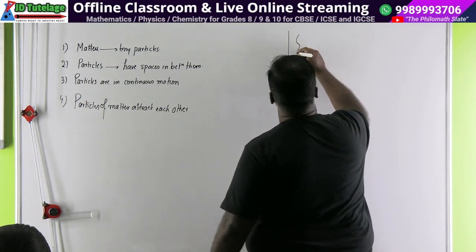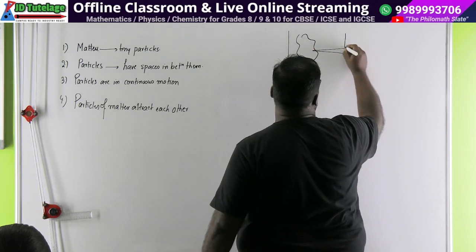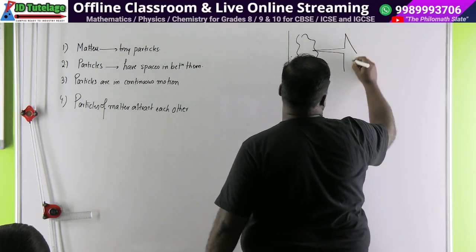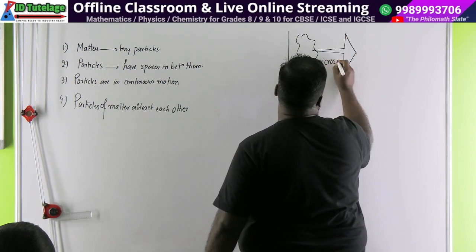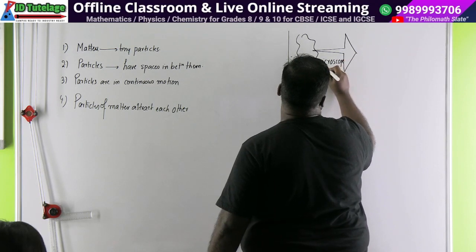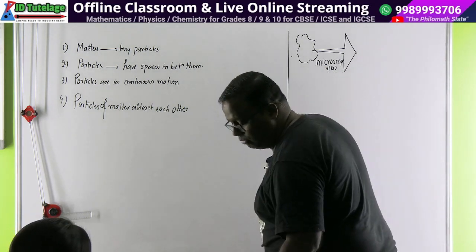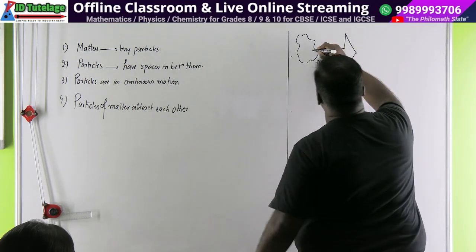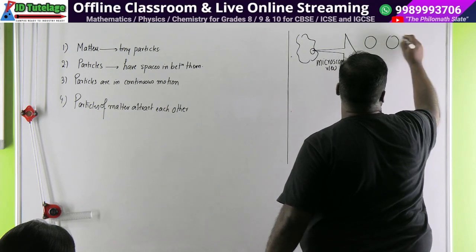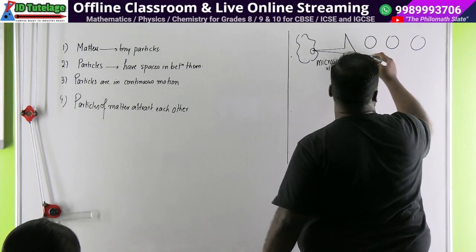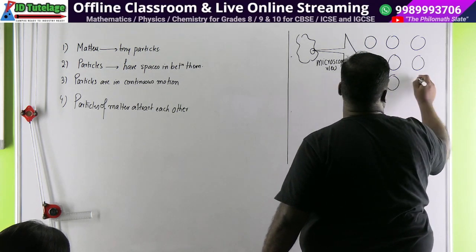So this is a piece of matter, and the more drawings, the more clarity you get. Now when you're observing it microscopically, this is the microscope view. We are seeing this much portion, and it has particles.